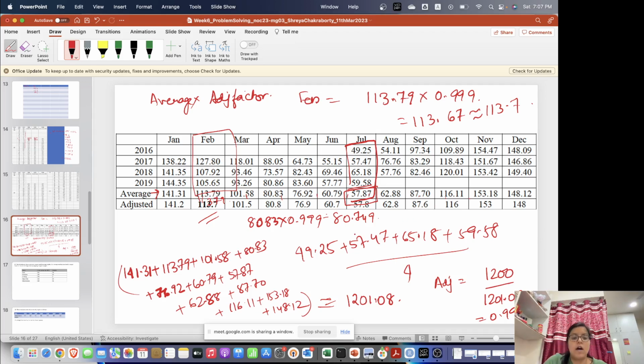So this is how we should calculate the seasonality indices for a particular month. The important thing here is to get the adjustment factor, because the sum of all these indices should be 1200. Similarly, if we have quarterly data, then the sum should be 400. So we should add up everything and adjust by factor 400 instead of 1200.